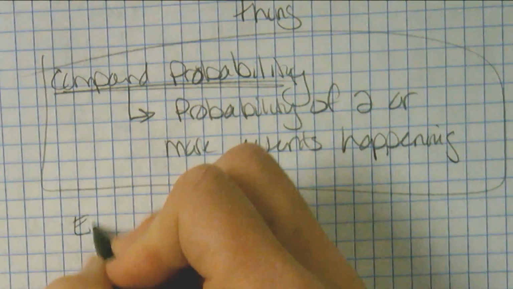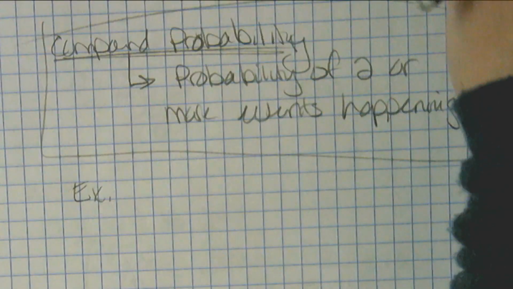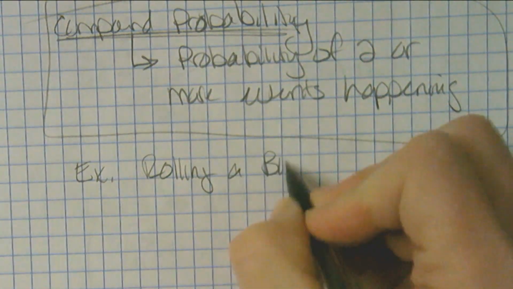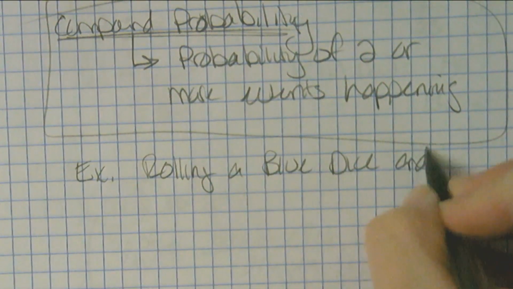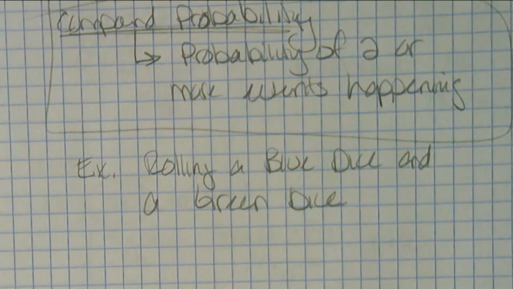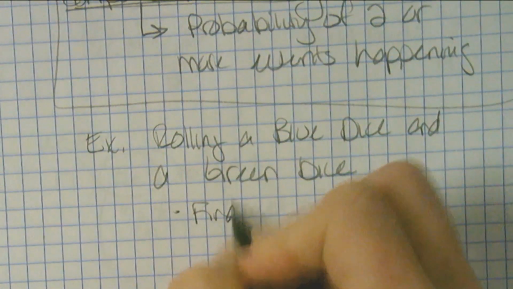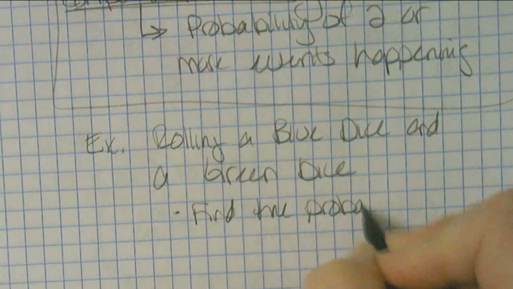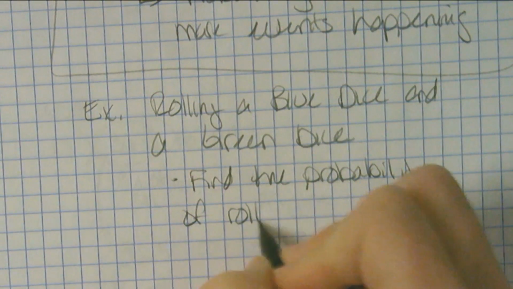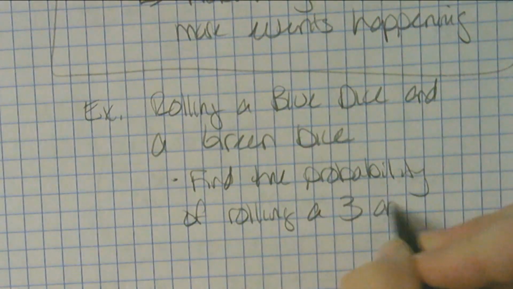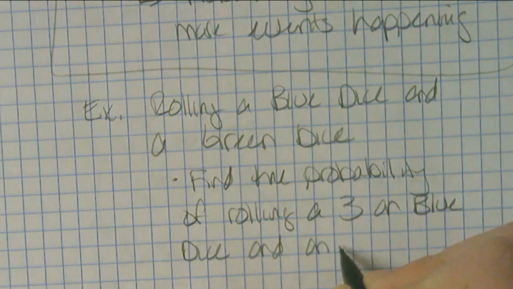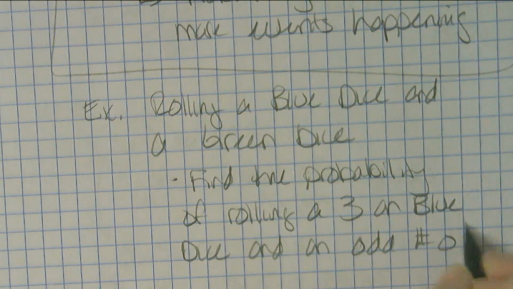An example of that might be that we are rolling a blue die and a green die, and we want to find the probability of rolling a 3 on the blue die and an odd number on the green.